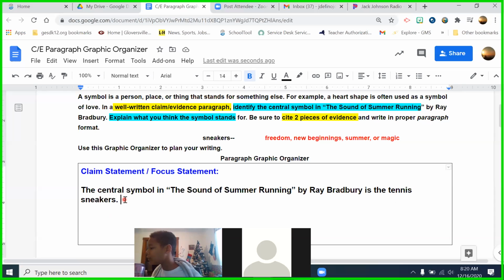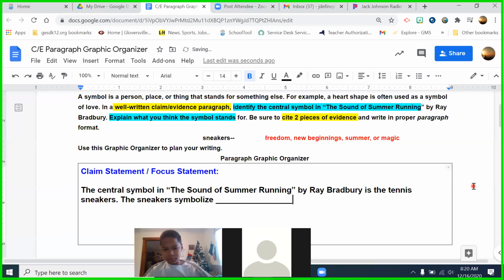And then, and I think this will answer your question, Haley, we're going to take the next part of the question right here, explain what the symbol stands for. We're going to say the sneakers symbolize, and here's where you're going to put a blank in because you can all pick whichever one you want to write about.